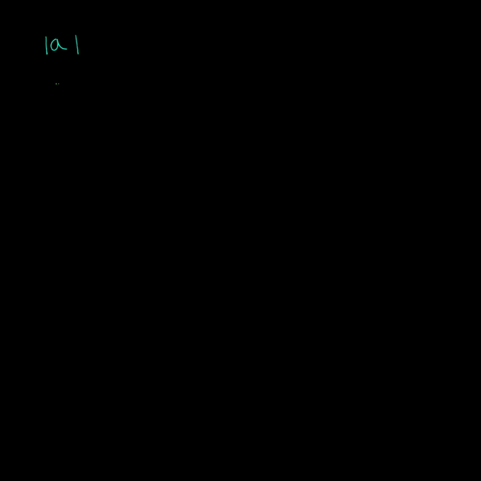Now, what that means is if a is less than 0, then the absolute value of a equals negative a. So let's work through a few examples where a is less than 0.